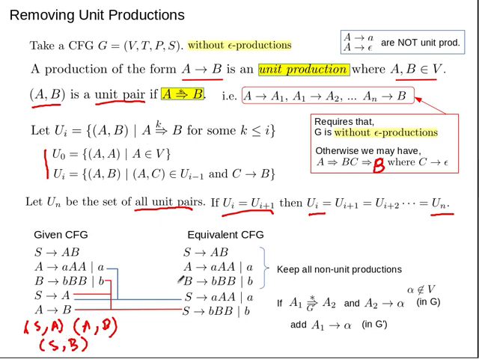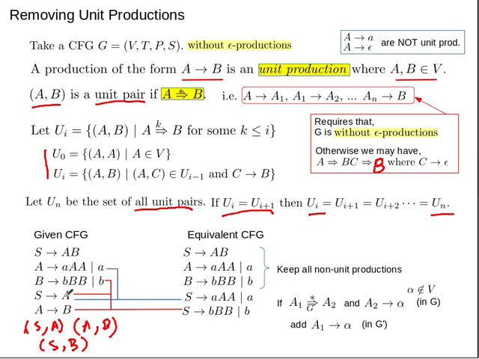So our goal here is to remove these unit productions, right? Now that means whatever this unit production is doing in this grammar, we should have some equivalent thing here which can do the same thing, which enables us to carry out the same derivation for the same end product. So S can go to A, and then this A will have to expand into something, right?